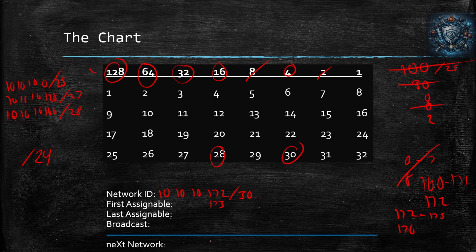The next network is 176. Minus 1 gives us 175 for the broadcast, and 174 for the last assignable, which is the usable address. So /30 gives you two usables, typically something you would see in a point-to-point type of connection. So our last is 10.10.10.172 /30. And that fulfills all of our requirements for VLSM.